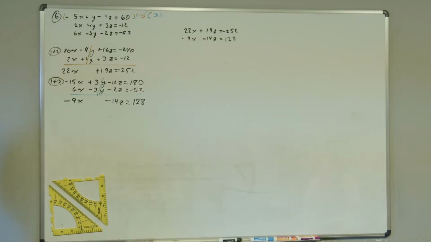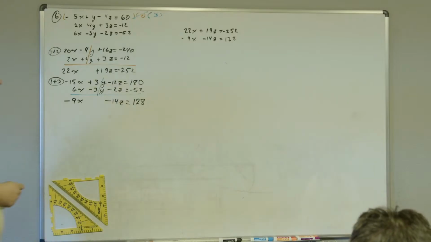Okay, what should we do? No, least, not greatest, because infinity, right? So least common multiple of something. What do you want, y's, x's or z's? Z's, sure, why not.